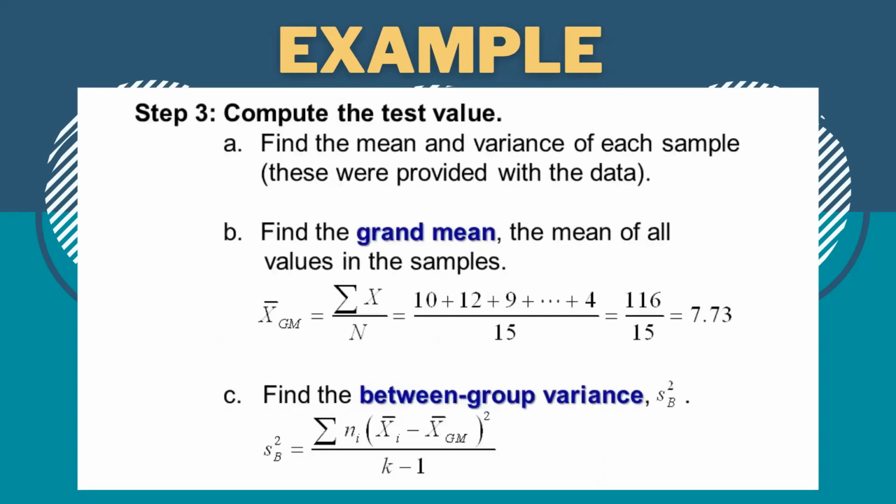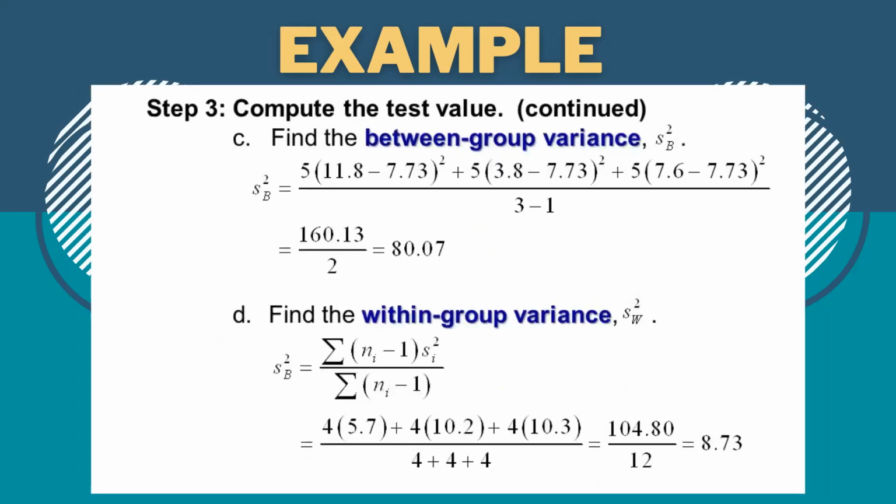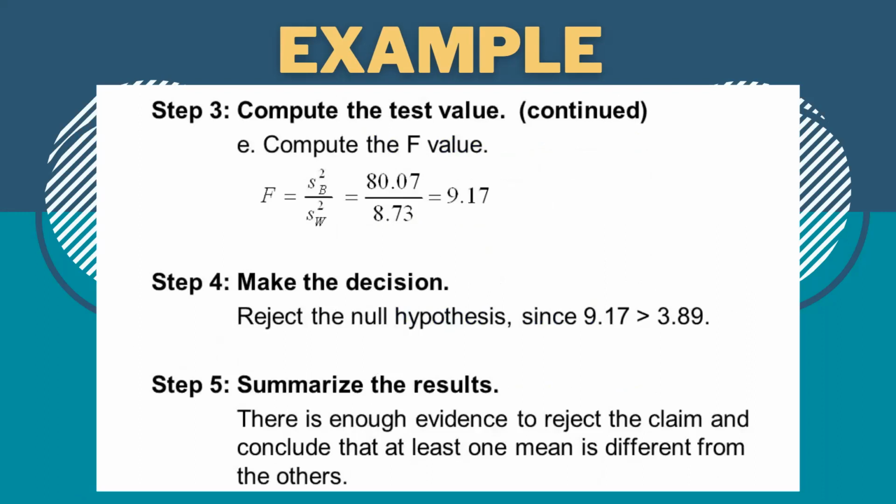In step 3, we will compute the test value. Find the mean and variance of each sample, and ultimately, we will find the grand mean, the mean of all values in the sample. Then we will find the between group variance by the formula. Then we will find the within group variance by the formula. And ultimately, we will compute the F value.